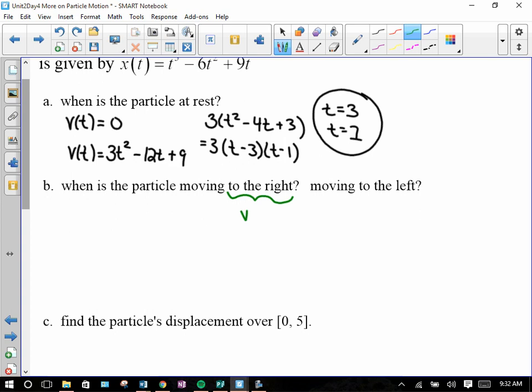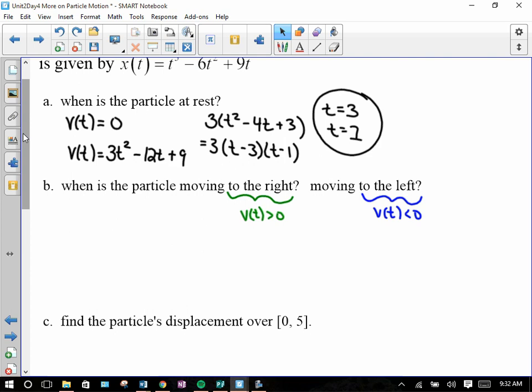Yes, velocity is greater than 0. If we're moving to the left, Shamara, what does that tell us about the velocity? Good. So what I need to do is figure out at what times the velocity is greater than 0 and less than 0.